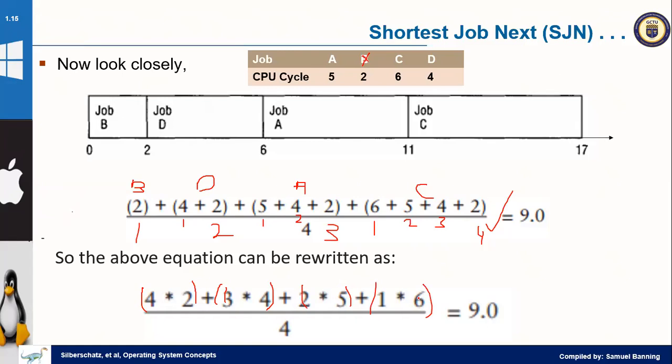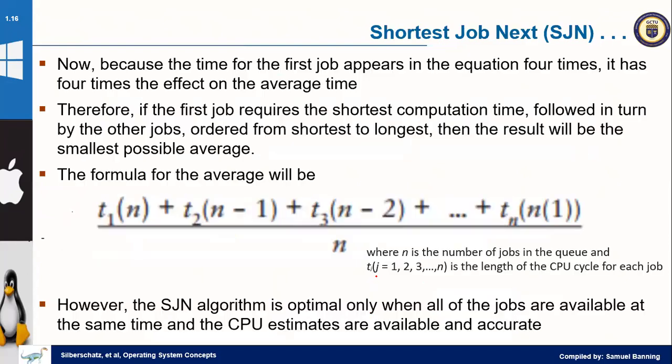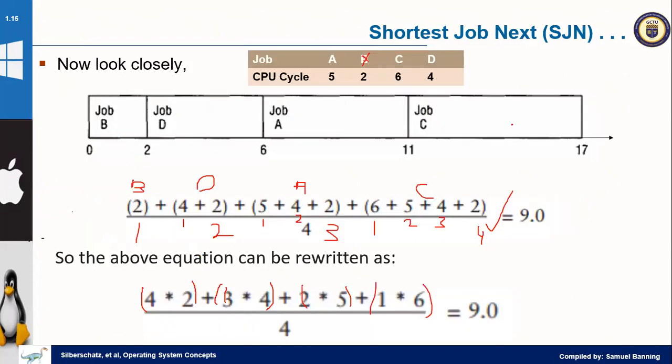Yes, sir. Very good. So now with this understanding, let's deduce a formula. You have the time for the first job appearing n times. We have 4 jobs, and the time for the first job appeared 4 times.